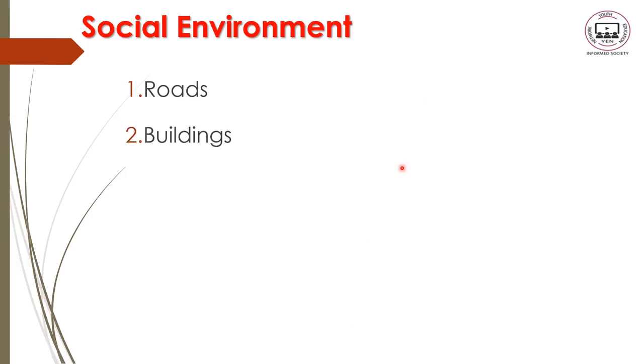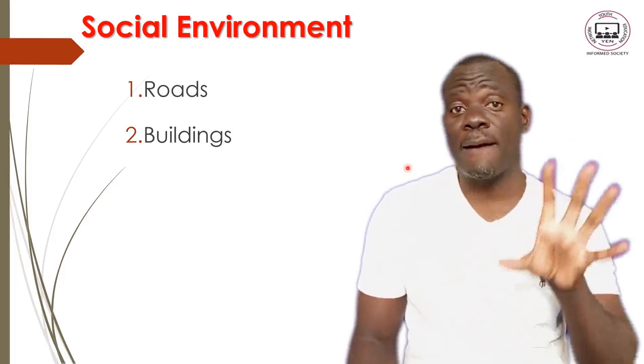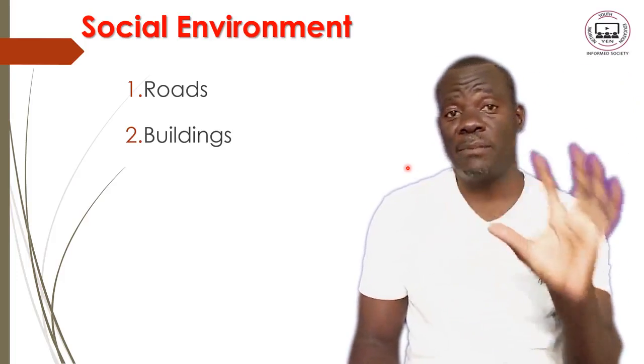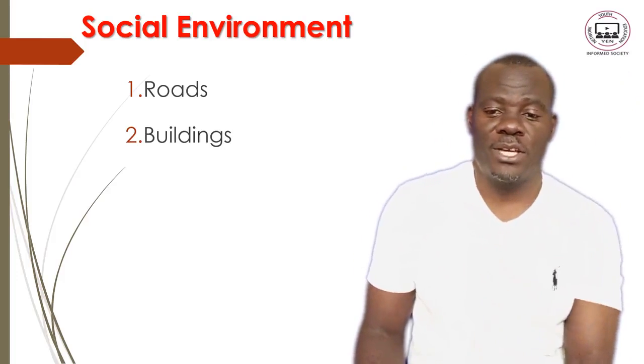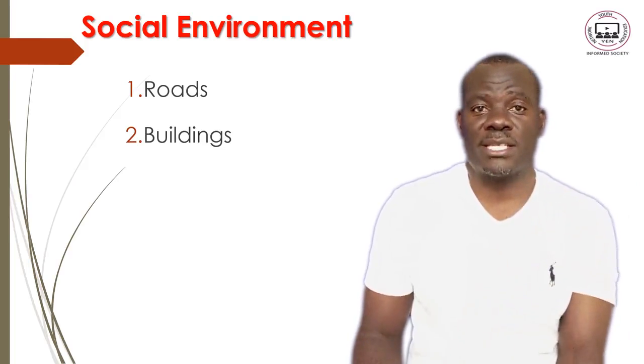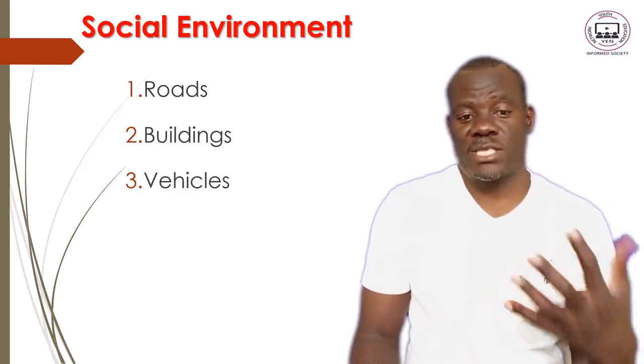And also the buildings, the houses, the shops, and the like. All those are man-made. They are the things that are made by man so that they simplify life. So the buildings are an example of the social environment. We have the vehicles, the cars.